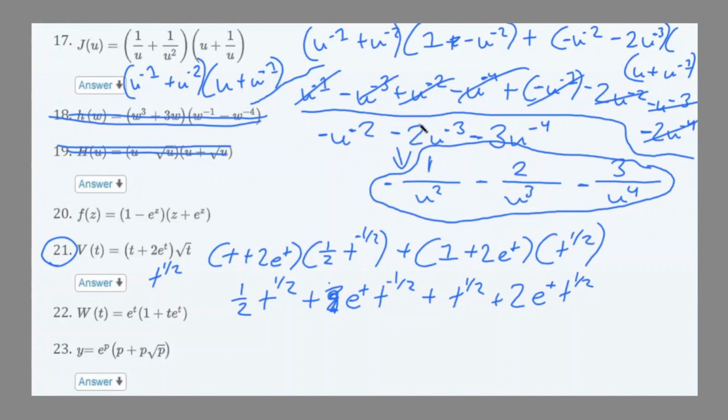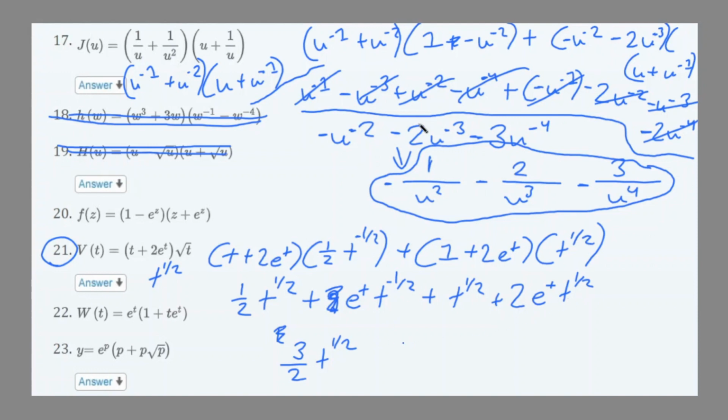So now if we write it in a system in which there's no negative exponents, or rather if we simplify it first, so we have here 3/2 t to the 1/2 power, and then we have e^t times t to the negative 1/2, and then 2e^t times t to the 1/2.